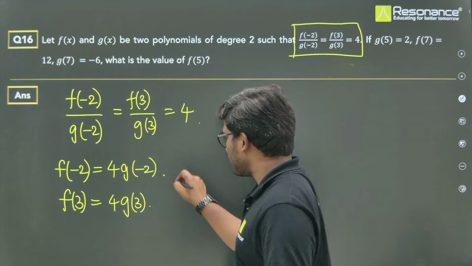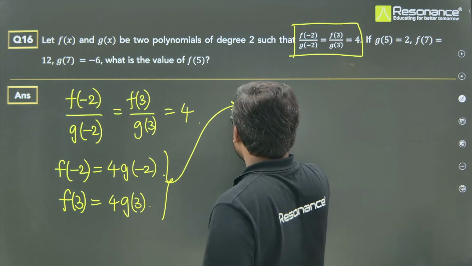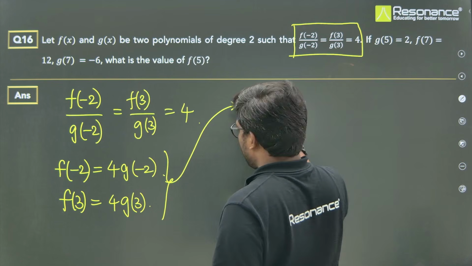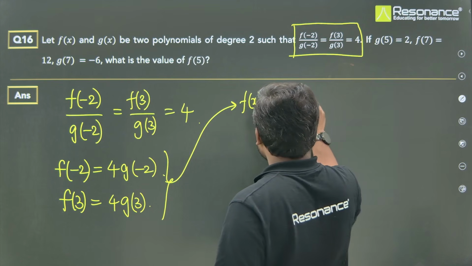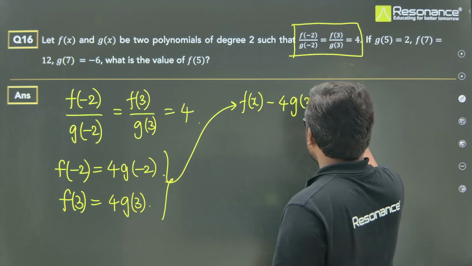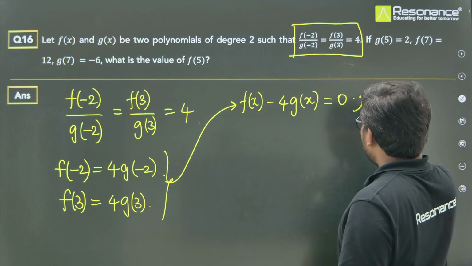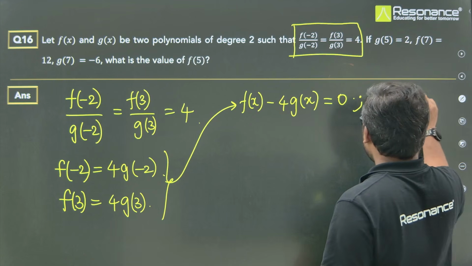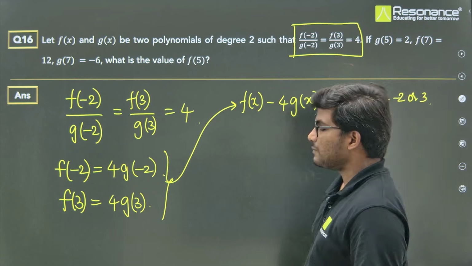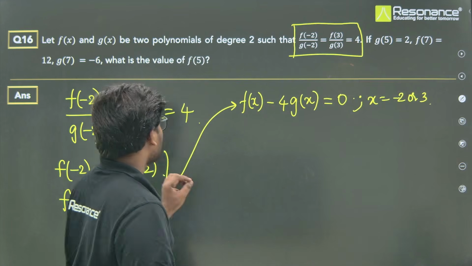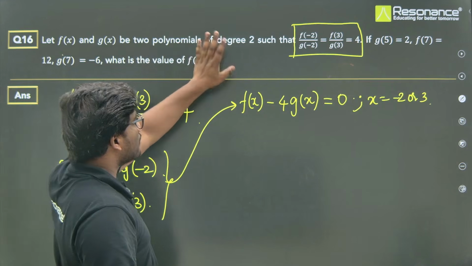So clubbing both of these, what do we have here? f(x) - 4g(x) equals 0, where x is -2 or 3. Yes. Now, f(x) is a 2-degree polynomial.